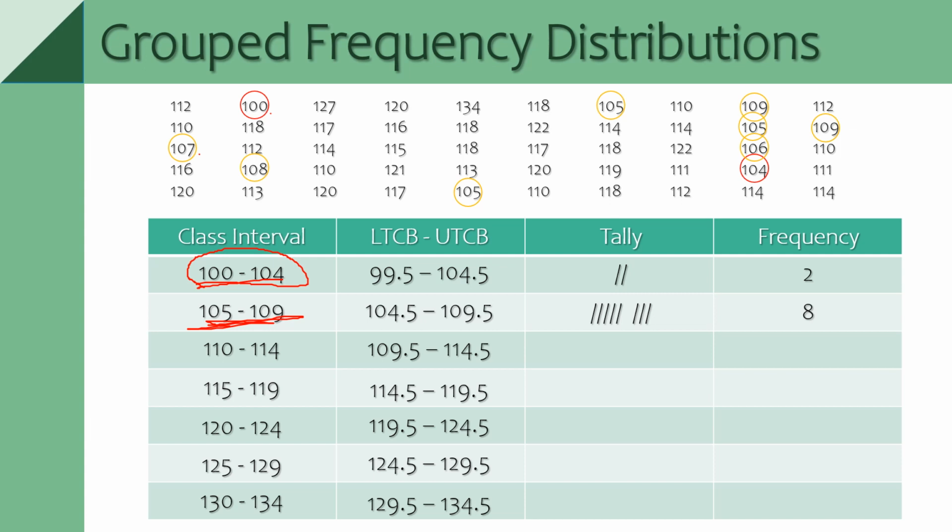Next, bilangin natin yung nasa may 110 to 114 na range. So you have 1, 2, 3, 4, 5, 6, 7, 8, 9, 10, 11, 12, 13, 14, 15, 16, 17, 18.